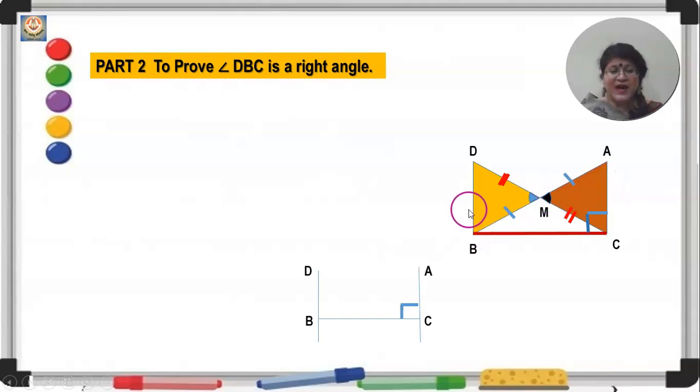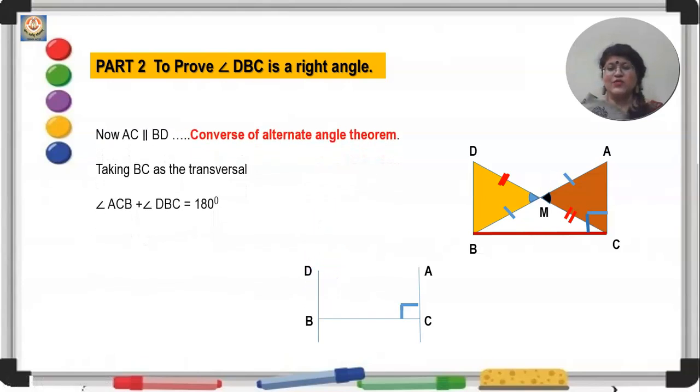If AC becomes parallel to DB and you take BC as the transversal, then don't these two angles become pair of interior angles? So if this is 90, what will be DBC? DBC will also become 90.